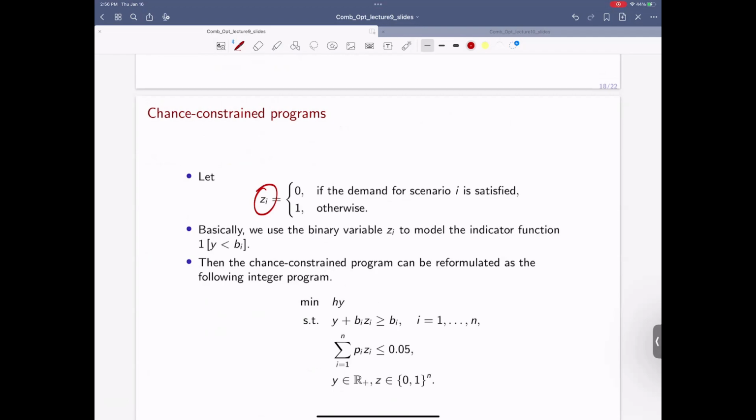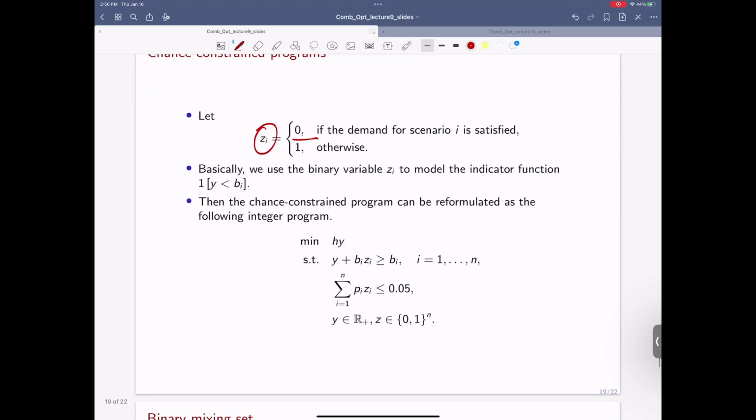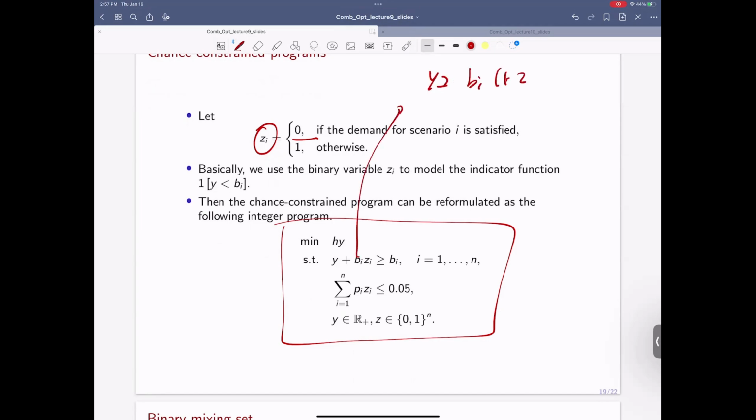It has value 0 if I satisfy the demand, and value 1 if I fail. So I can have this binary variable. Then you can take this binary linear program to equivalently model the problem. Here, y is at least bi times 1 minus gi.